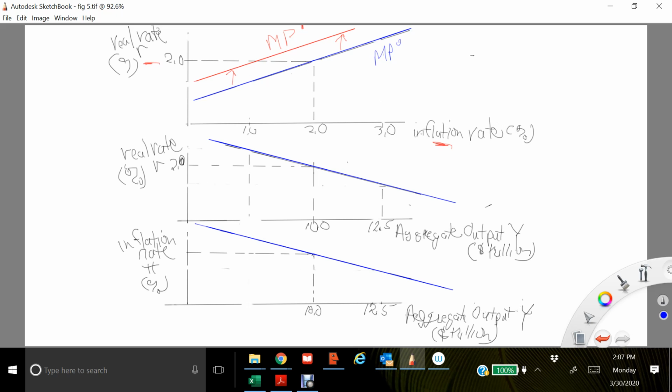And so at the original inflation rate, the real rate of interest will rise. Let's say it rises to 3%.